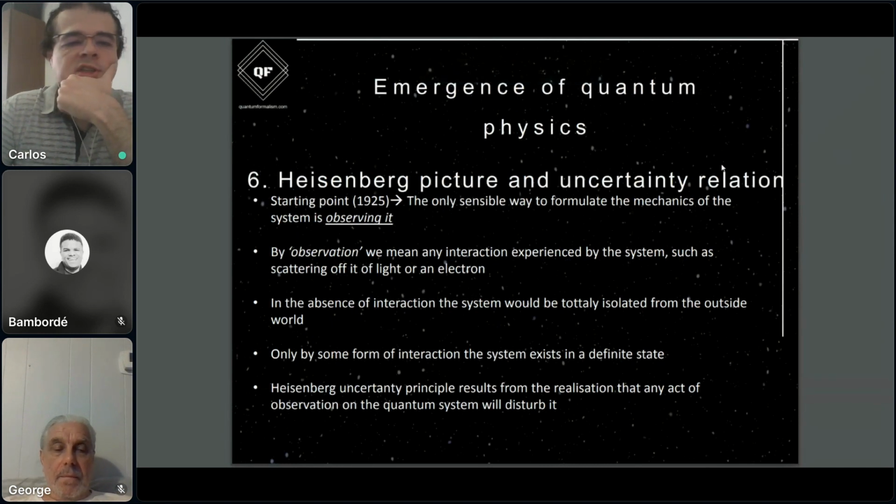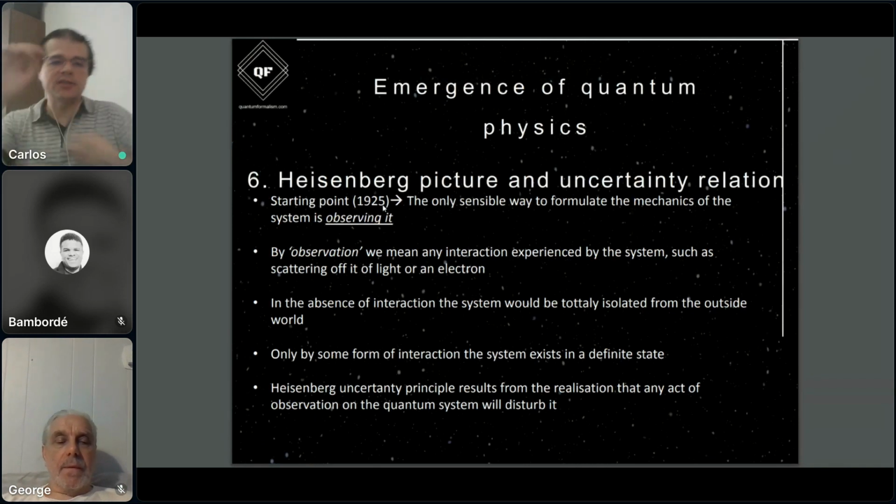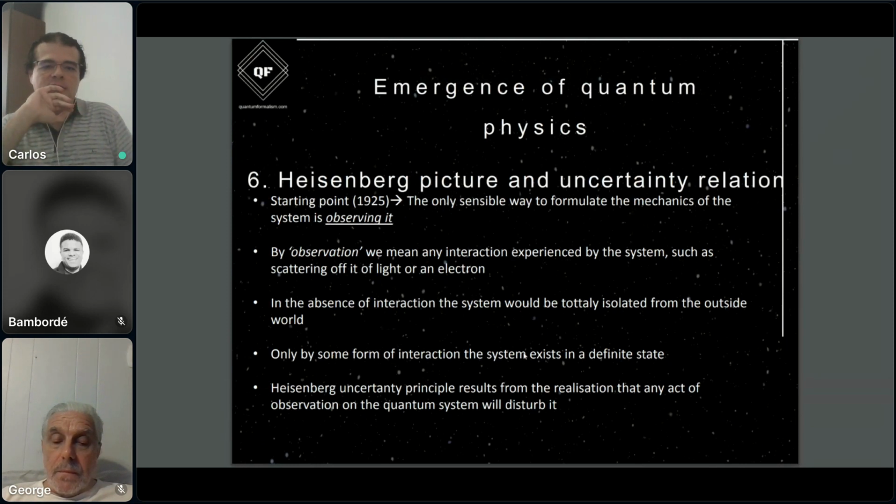Heisenberg picture and uncertainty relations. The starting point of these ideas is 1925. Basically, Heisenberg said, and this is very short, there is a lot of philosophy behind Heisenberg's ideas, but let's try to have one short slide to represent his ideas now.